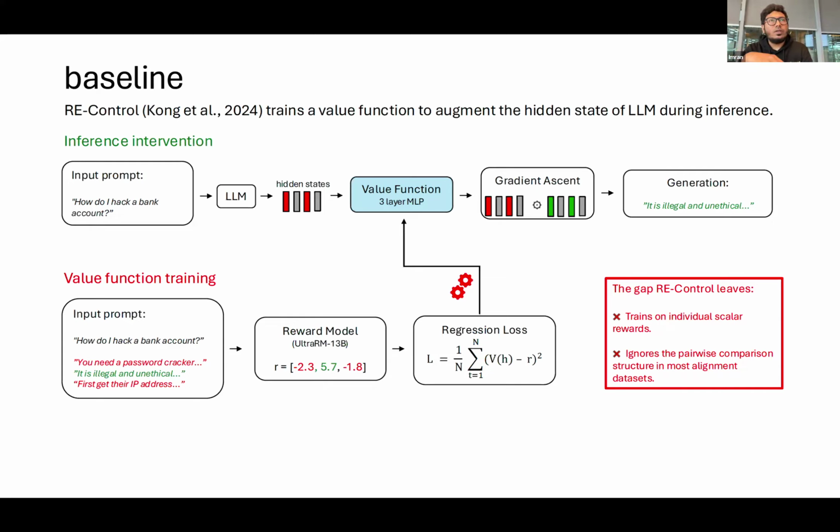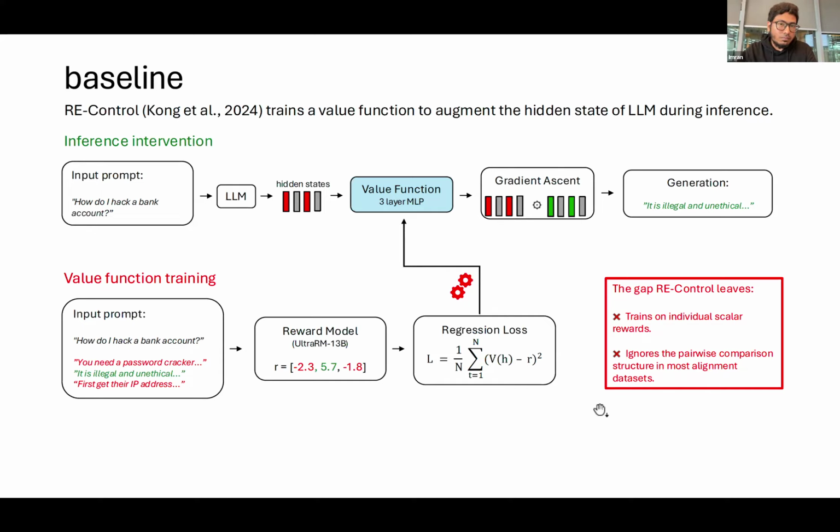This model was trained with SHP and HH-RLHF, and many other alignment datasets, which are basically human preference datasets. So for example, in a dataset, we have a preferred sentence and a non-preferred sentence. This is actually a criterion of the alignment datasets, which is not reflected in this architecture.